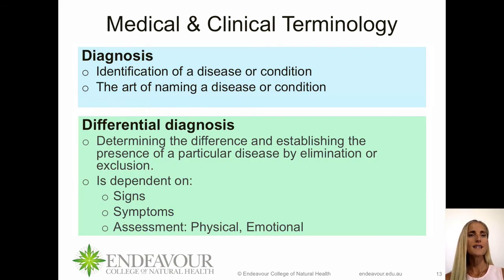Okay, so diagnosis is an identification of a disease or condition, and it's also the art of naming a disease or condition. And differential diagnosis is using the information that's presented. So those could be your diagnostic tools, the signs, symptoms, and wondering what could it be.